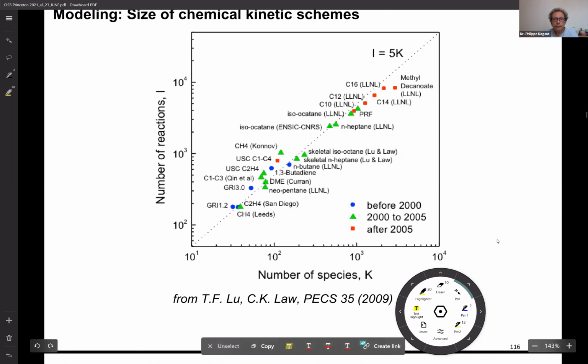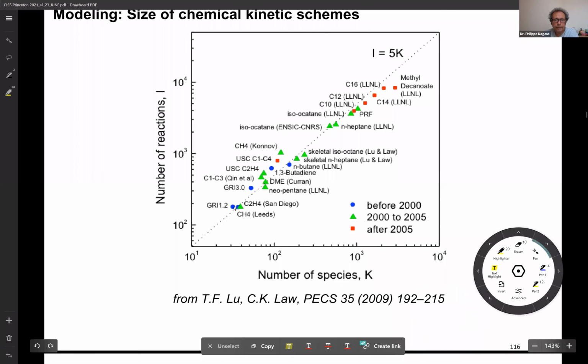Over the years, the size of mechanisms which have been developed has increased a lot. And you can see on this graph taken from the review paper in Progress in Energy and Combustion Science that for methane, we are about here with a number of reactions of about 200, and about 40 species.